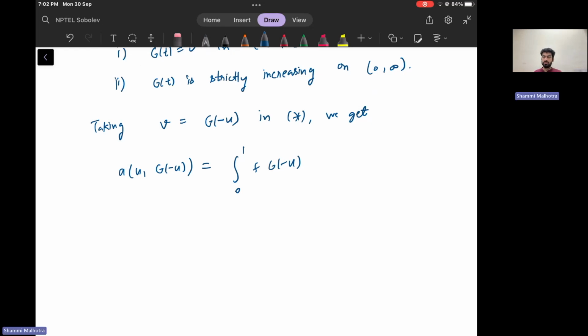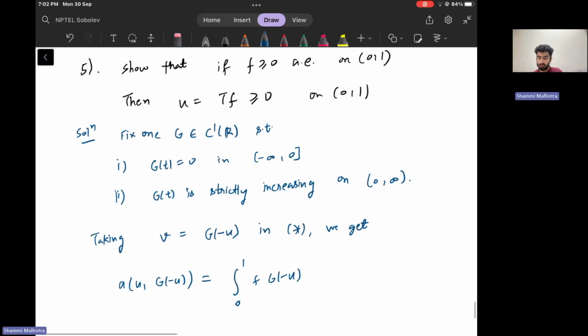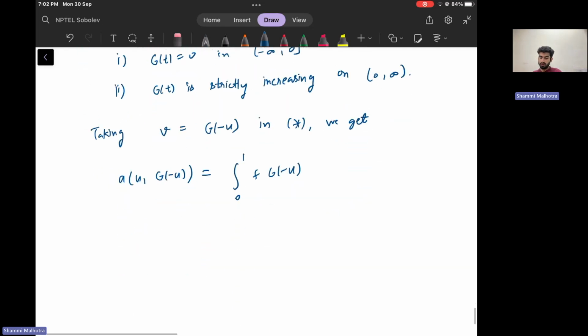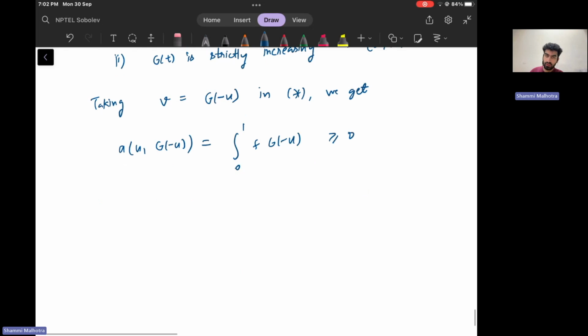So I know that f is almost everywhere non-negative and G is again a non-negative function, so this whole integral is also non-negative. Makes sense.